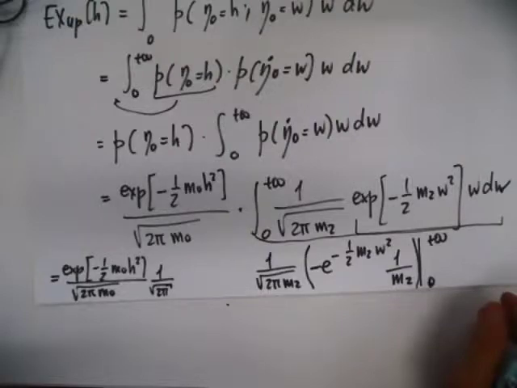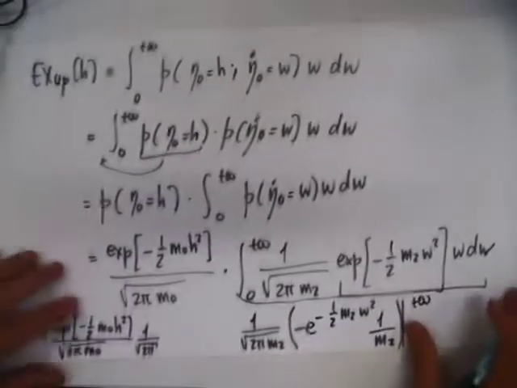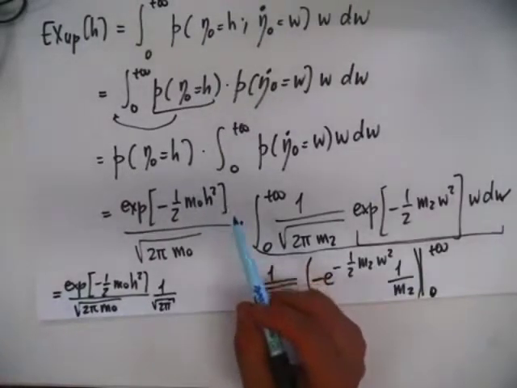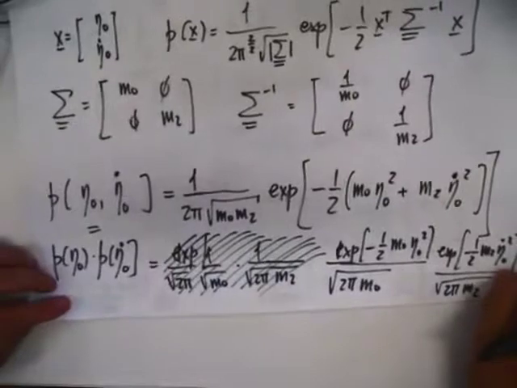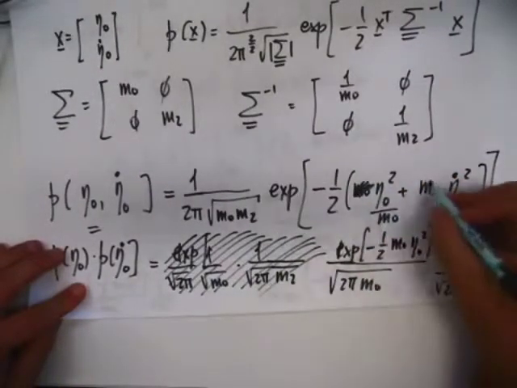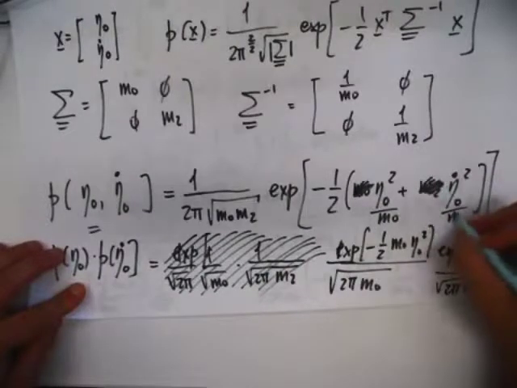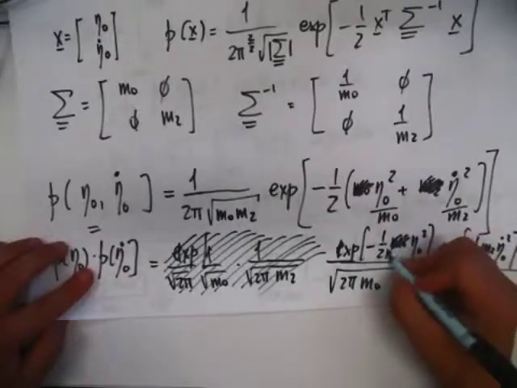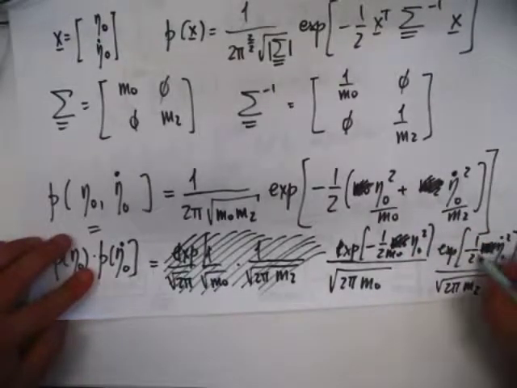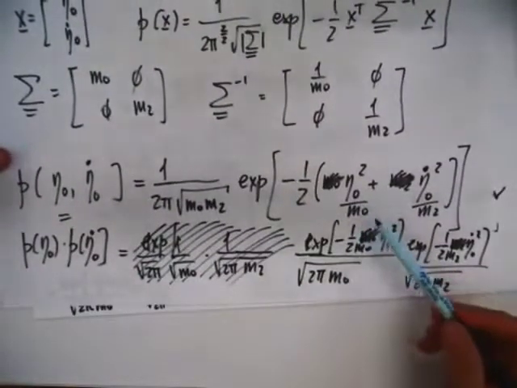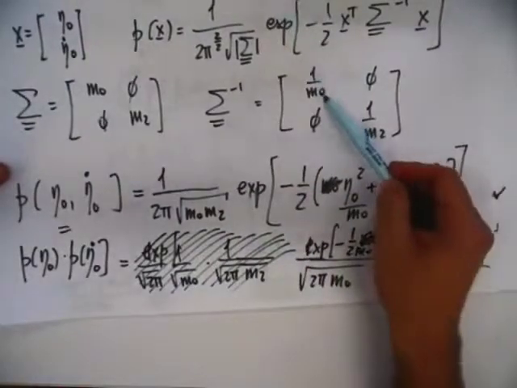did I make a mistake here? Yes, I'm sorry, I made a mistake here. This is wrong. So the m0 goes in the denominator, and of course the other has to go in the denominator too. Let's make sure again that you see this, because we have 1 over m0, 1 over m2.